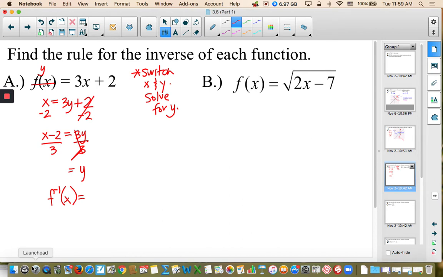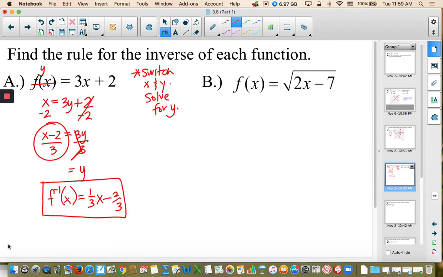That just means it's the inverse. And then I'm going to write it in slope-intercept form. So I'm going to divide the x by 3. So x divided by 3 is 1/3 x minus 2 divided by 3 would be 2/3. This right here would be my inverse.